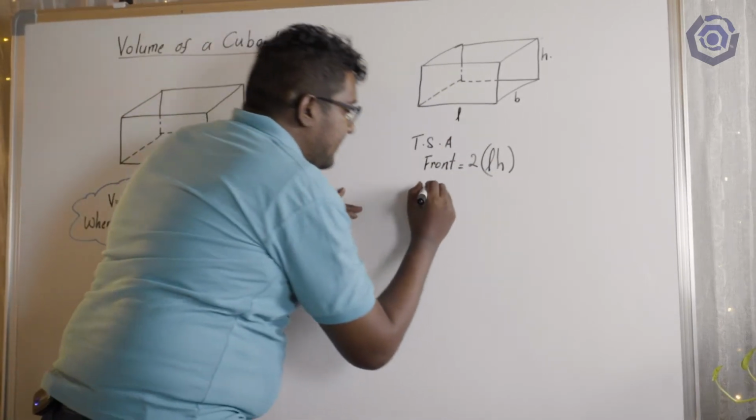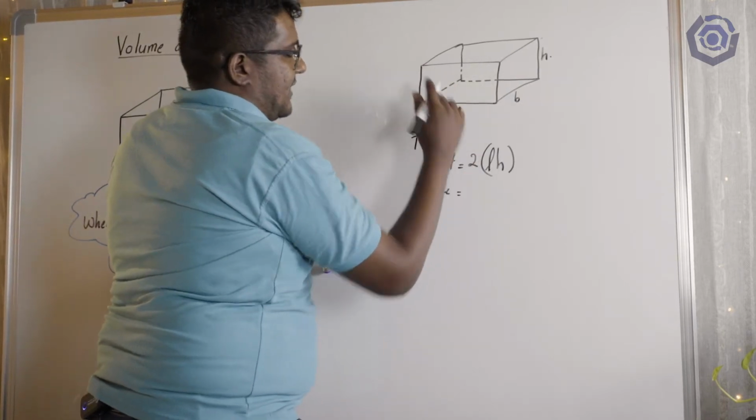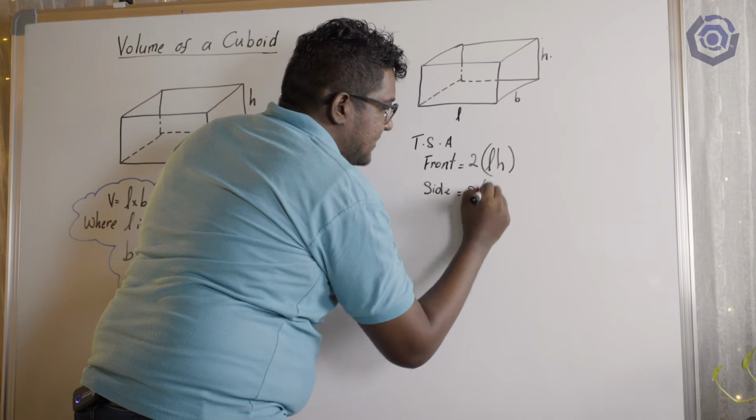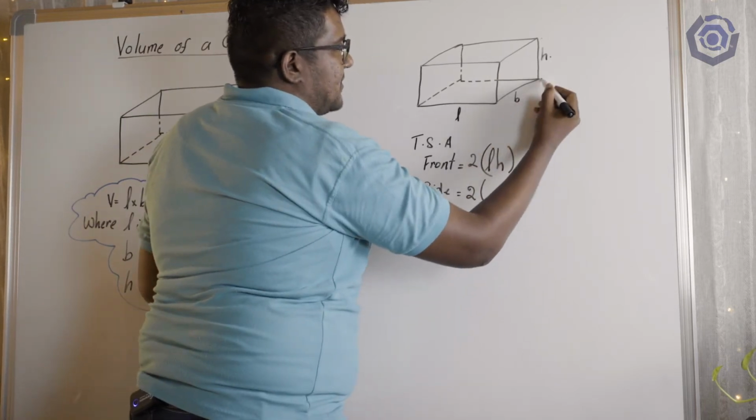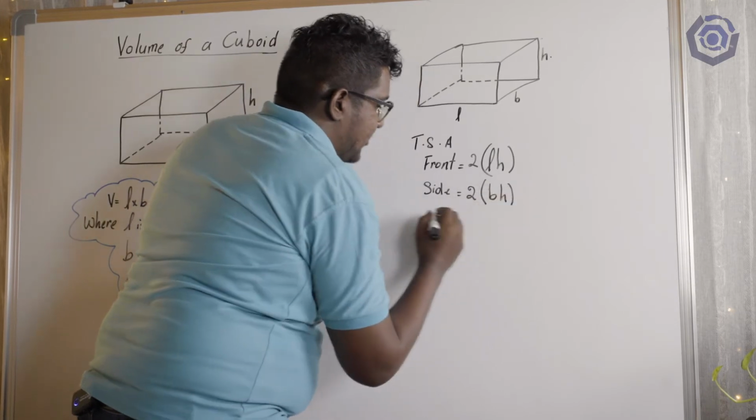To find our sides, again we have this one side and we have the side in there. That's going to be 2 sides, and it's going to be breadth times height, so it's going to be 2BH.